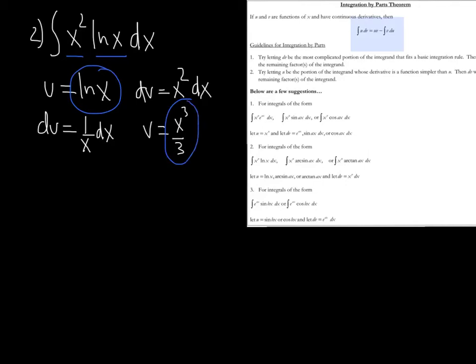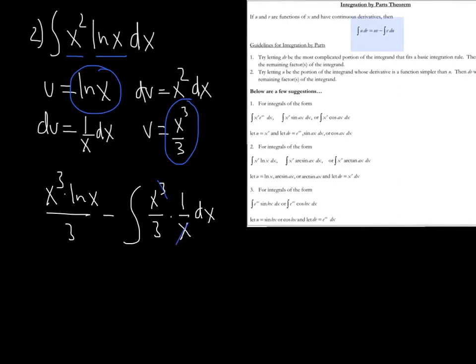All right, so uv is going to be x cubed times the natural log of x over 3 minus the integral of v du. Well, v is just going to be x cubed over 3, and du is 1 over x dx. So this is going to cancel with one of those, leaving us with an integral.